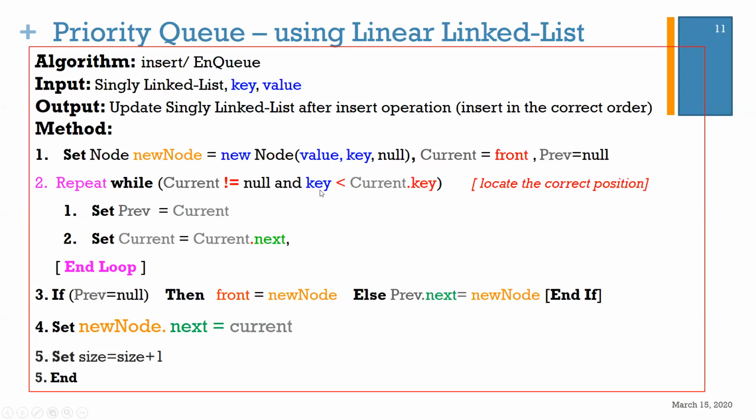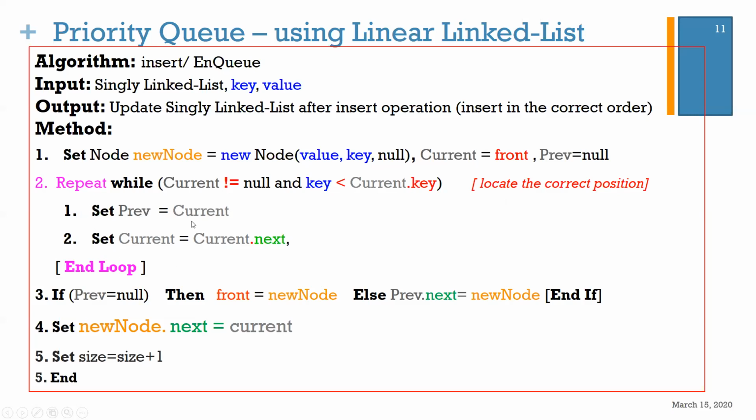If this condition holds, meaning current is not null and k is still less than current.k, move to the next node: current equals current.next, and update previous to the current node.